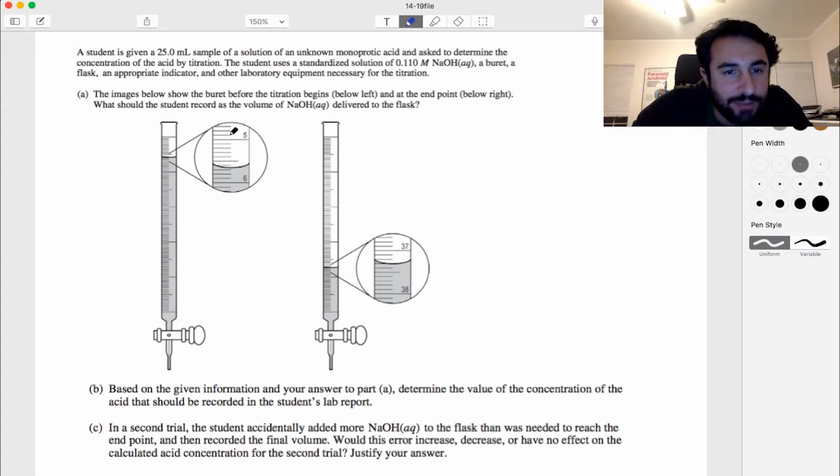We've got 5.1, 2, 3, 4, 5, 6, 7. It's in between 5.6 and 5.7. So there's probably a little leeway, but why not just go right in the middle and say that this is 5.65 milliliters, right? It's right in between 5.6 and 5.7.